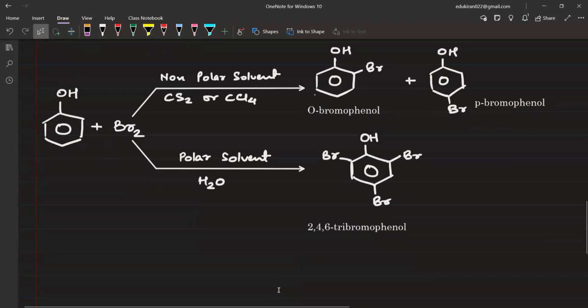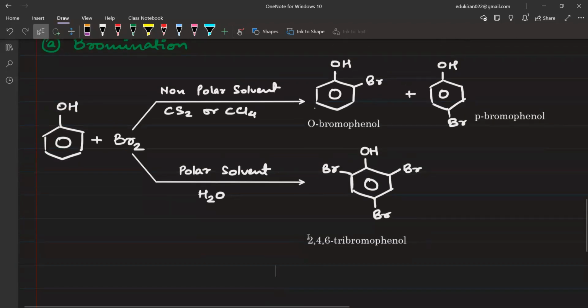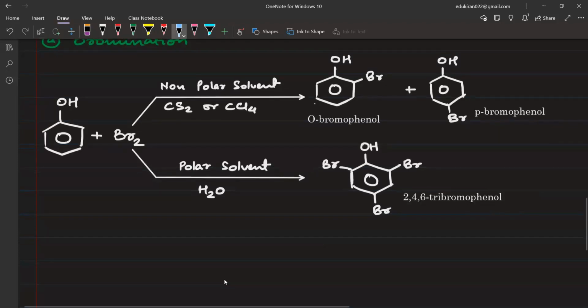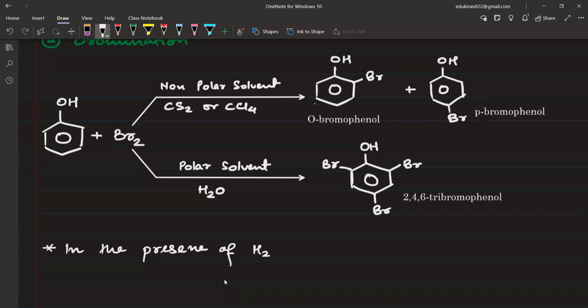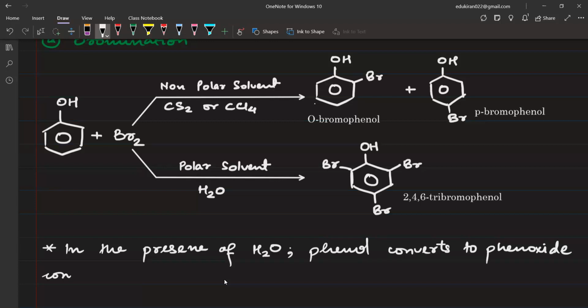Now, why is this happening? Please write. It is 2,4,6 tribromophenol. Now why it is happening? Please write here. In the presence of water, phenol converts to phenoxide ion.